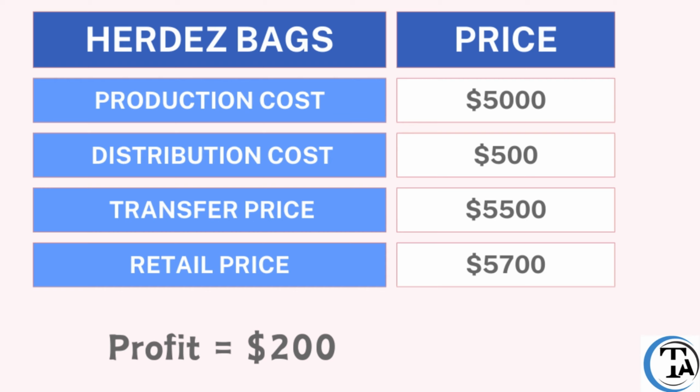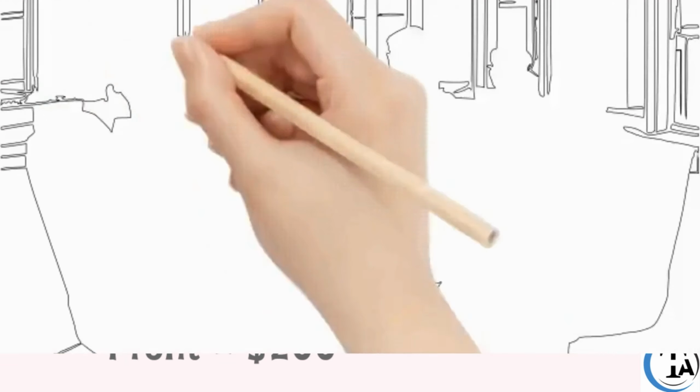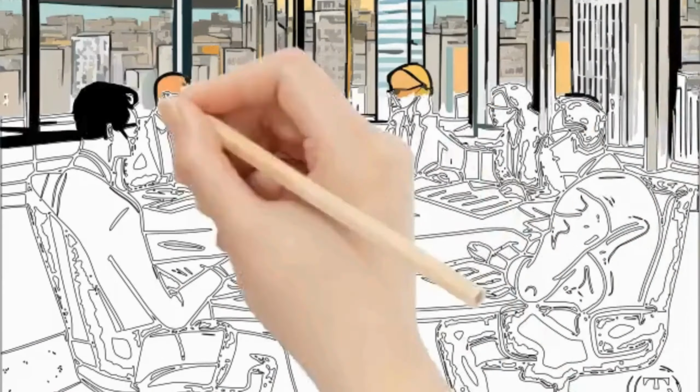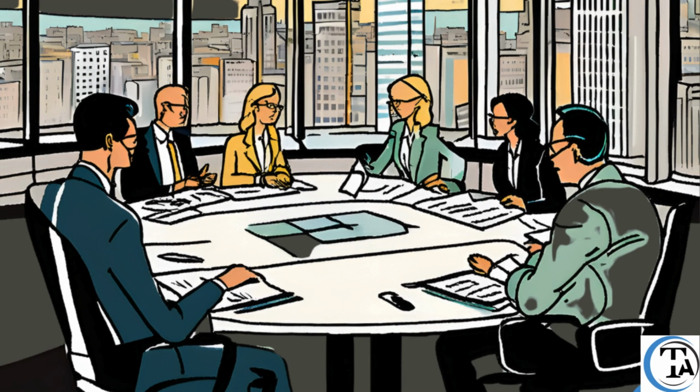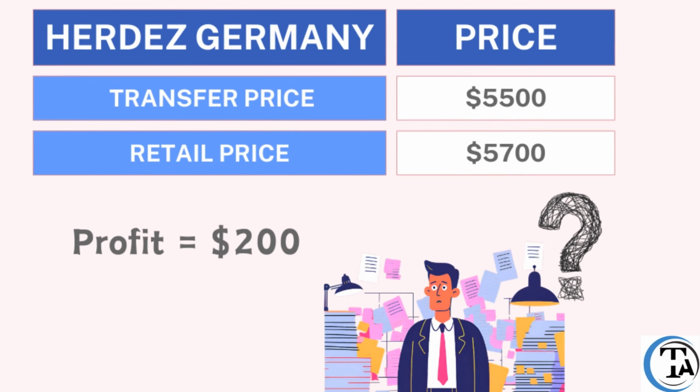However, during an audit, the German tax administration noticed that the distributor Herders Germany does not earn a profit. So the $5,500 transfer price plus Herders Germany's $200 distribution costs are exactly equal to the $5,700 retail price.